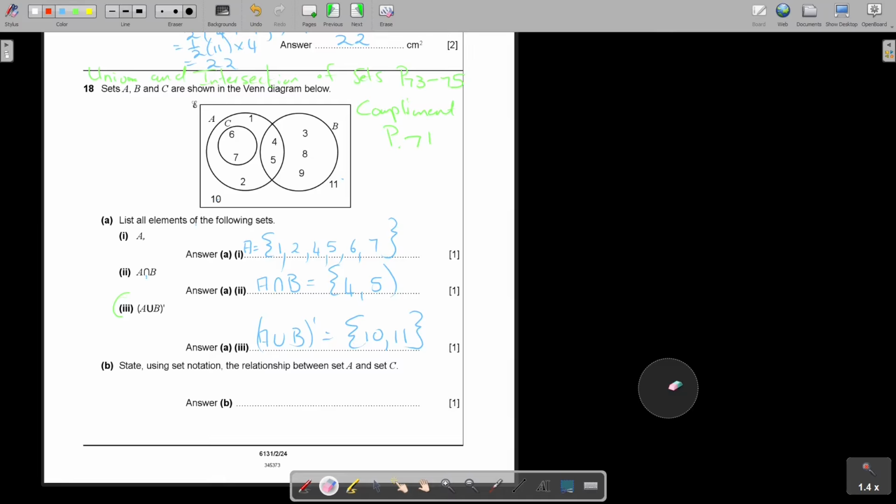Now if you look at C, you will see it's totally inside A. So you can say C is a proper subset of A. Okay. Or, as in the exam report, if you wrote that C is an element of A, that was also correct. But I think they were looking for this proper subset.